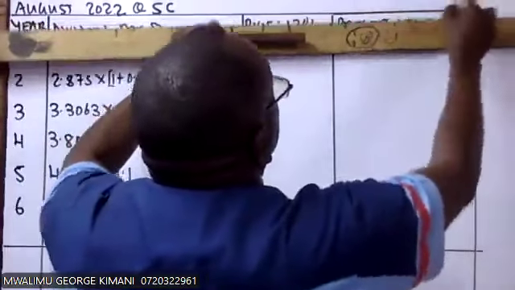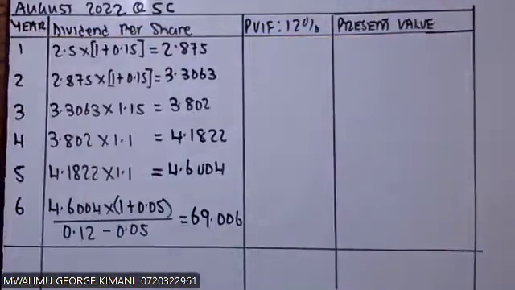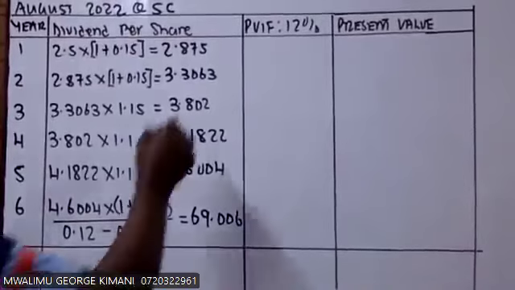So go to the tables and start reading the values. We are here for the first year. 0.8929.